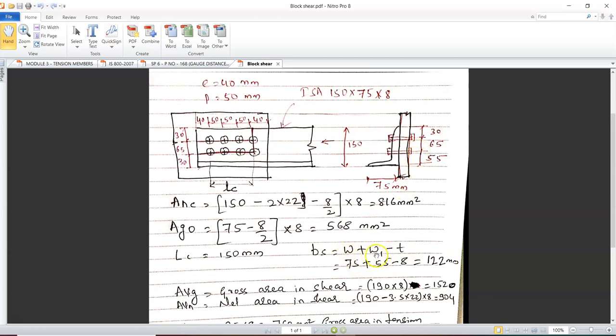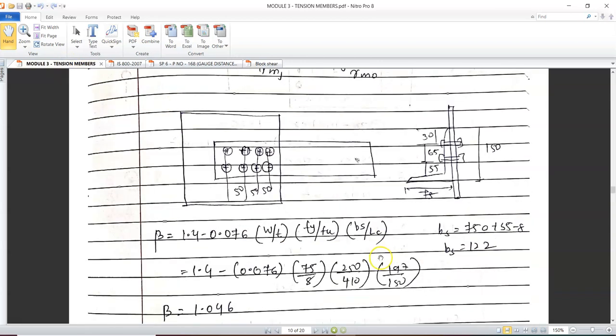So w plus wt minus t, that is 75 plus 55 minus 8, which is 122 mm. Sorry, this has to be corrected. Please make this 122 mm.